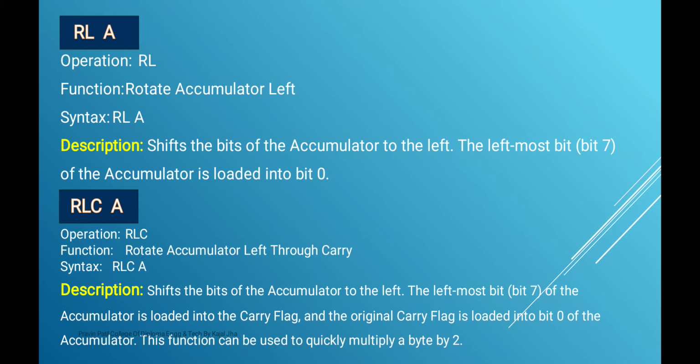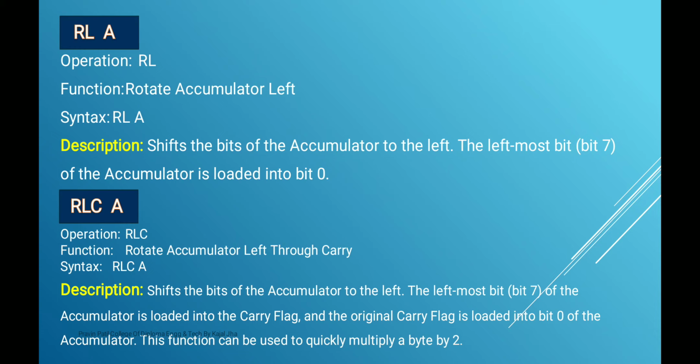After that, RLC means rotate left through the carry flag. This instruction shifts the bits of the accumulator to the left. The leftmost bit of the accumulator is loaded into the carry flag, and the original carry flag is loaded into bit 0 of the accumulator.